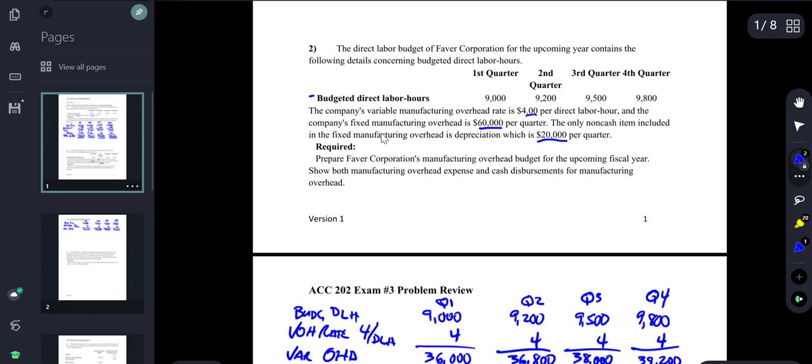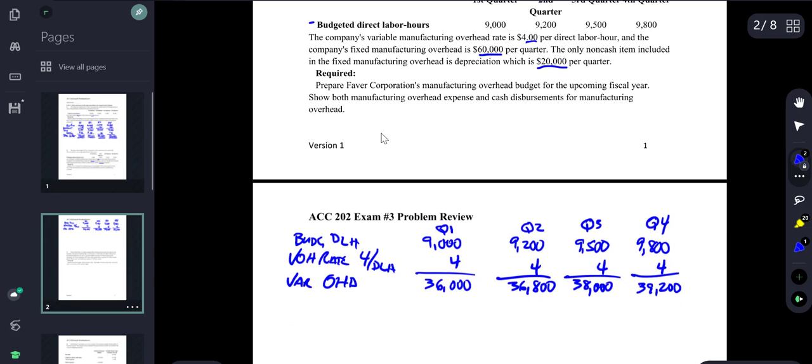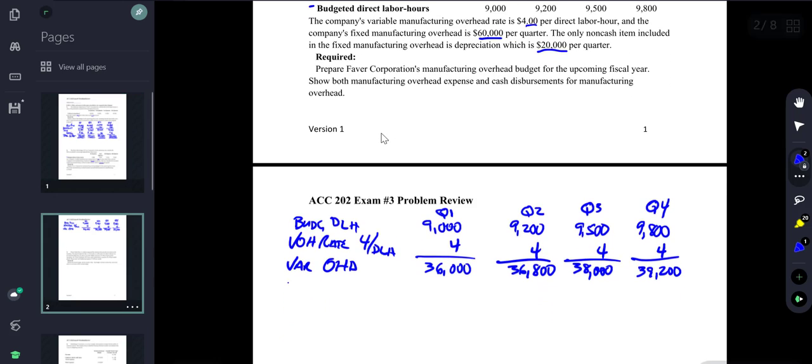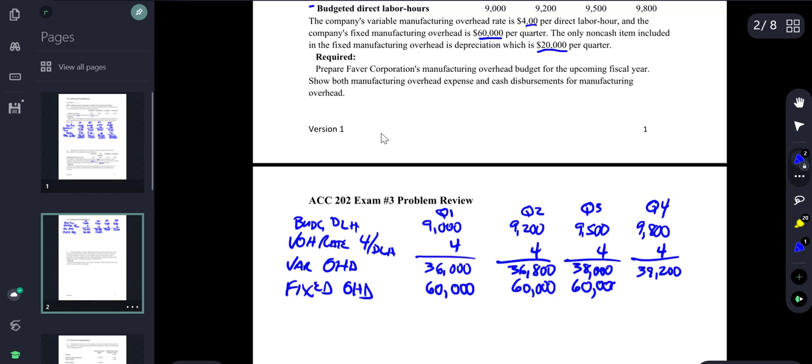The next step for this budget is going to be to add a fixed overhead. So we have fixed overhead, and it's going to be the same each quarter at $60,000. So we have 60,000 in each quarter.